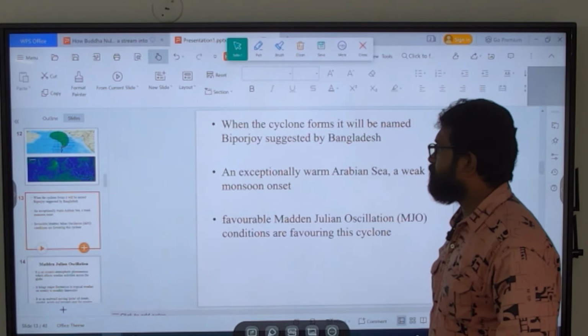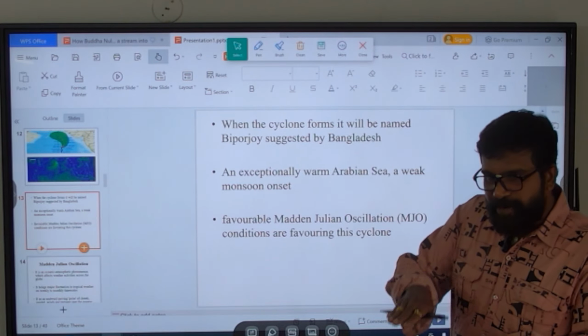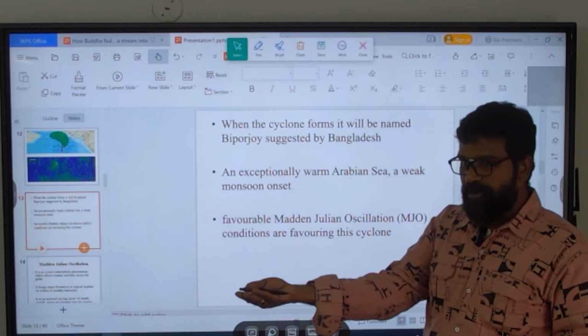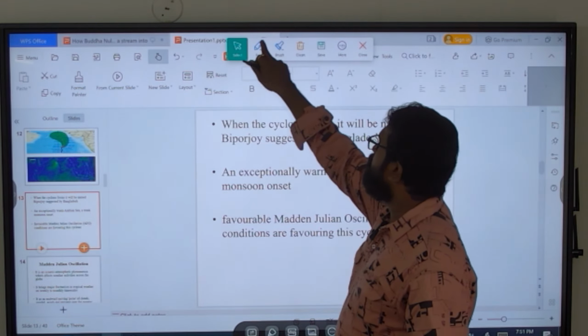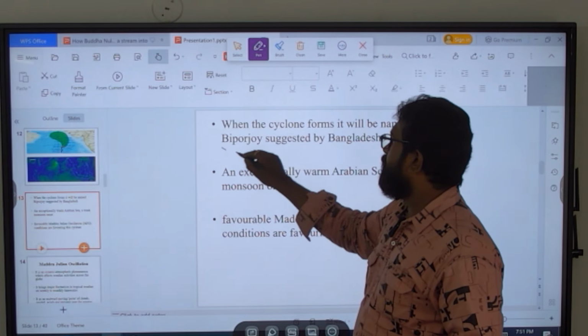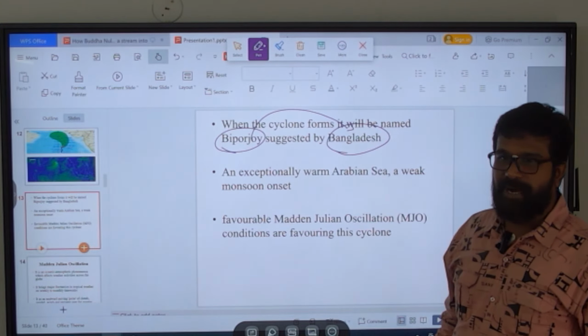You see, when a depression is converted into a cyclone, they suggest one name, which is called Biporjoy, right? Actually, this name is suggested by a country called Bangladesh.